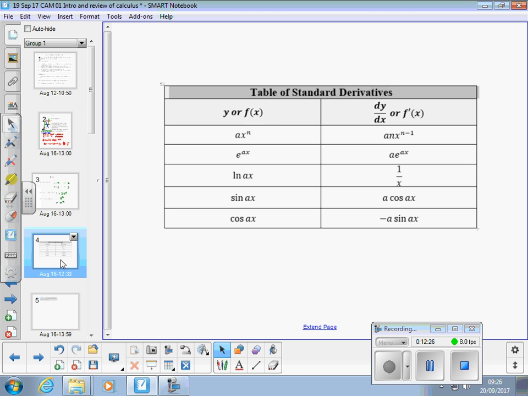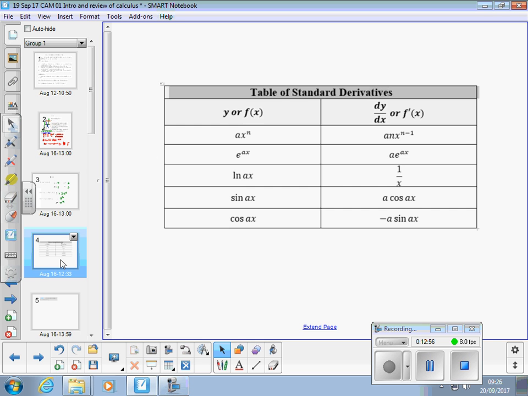I've also included the standard derivatives that we're going to use today in a table within the notes as well, so you've got them everywhere. So these are the functions that we're going to look at: ax to the n, e to the ax, ln ax, sin ax, and cos ax. We won't be using any others, as far as I can remember, throughout the module. Okay?